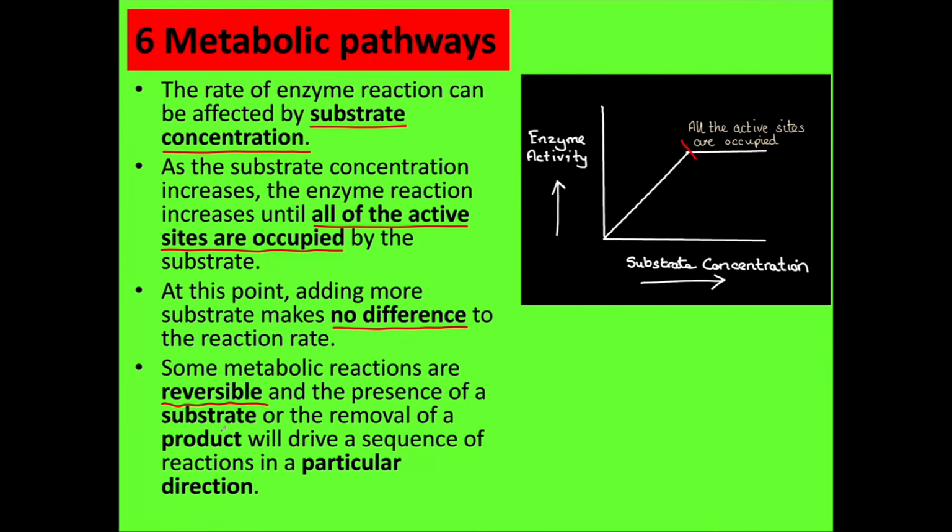Okay, it will drive that series of reactions that occur to produce our ATP at the end. And similarly, if you remove a product, that may well stop that metabolic pathway, and we'll have an accumulation or a build-up of a particular intermediate substance in the middle of the pathway, unless it's reversible, of course, in which case it can go back to the initial substrate.